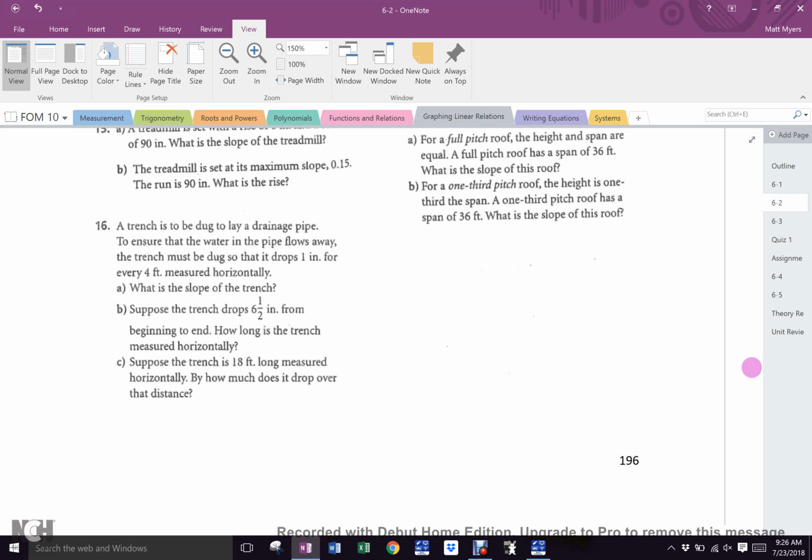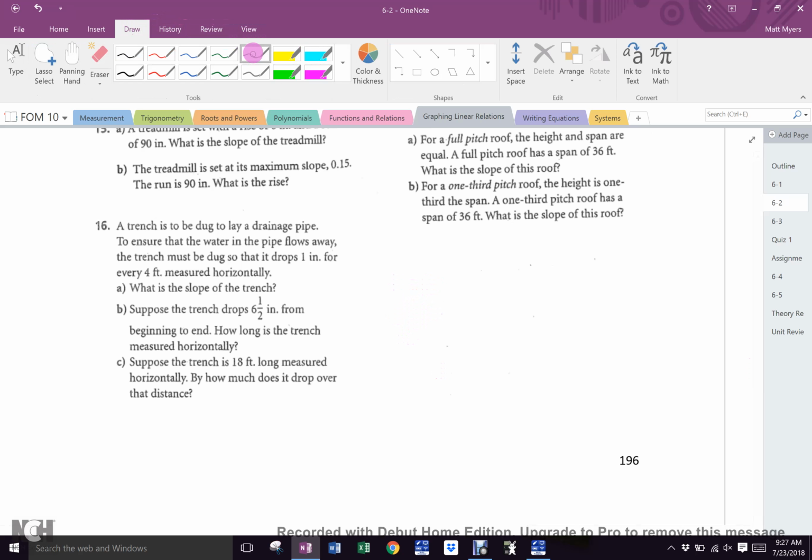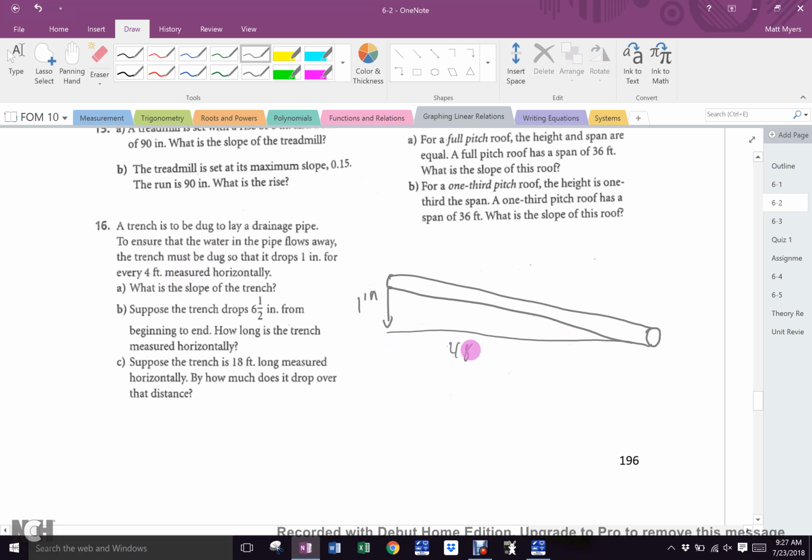16B. All right. So, when I dig the trench, the pipe, and I'll draw the pipe gray, because that's the color a pipe would be in my world. The pipe has to drop down 1 inch, and it has to run 4 feet. Now the problem here is inches and feet, right? So it's really got to run 48 inches, because 48 inches is 4 feet.